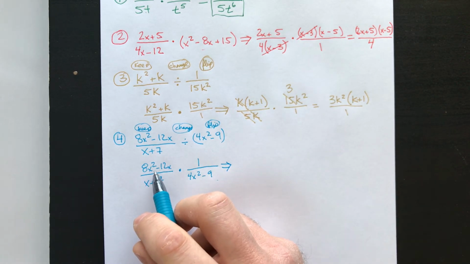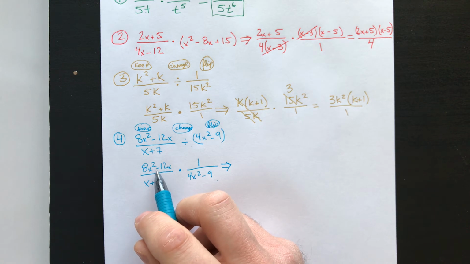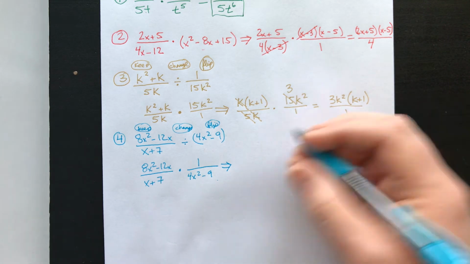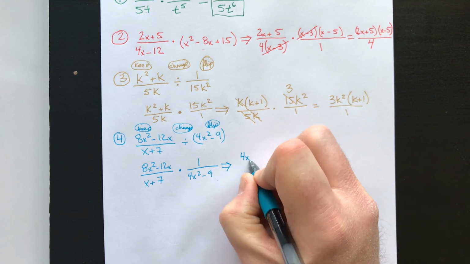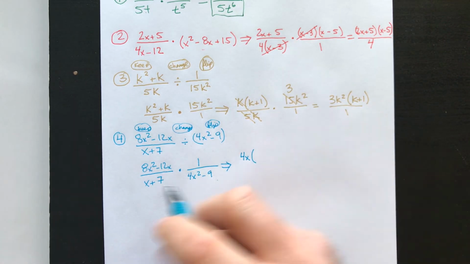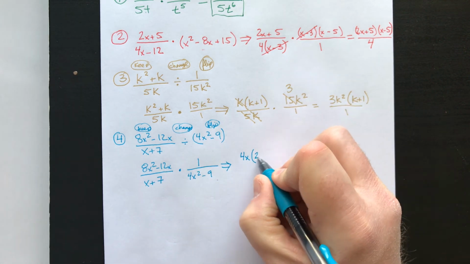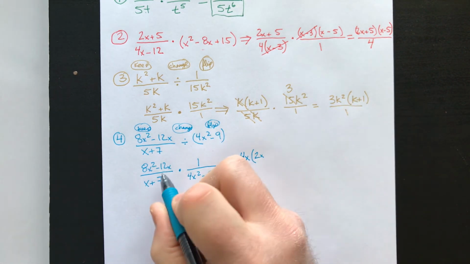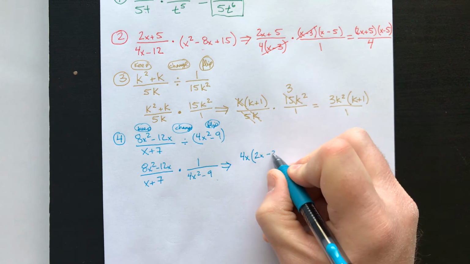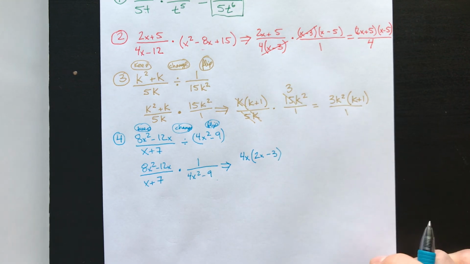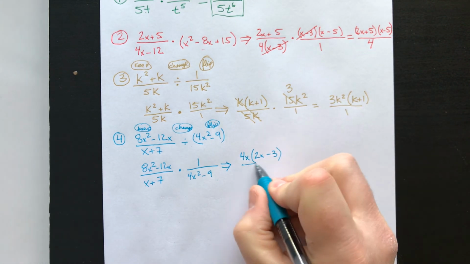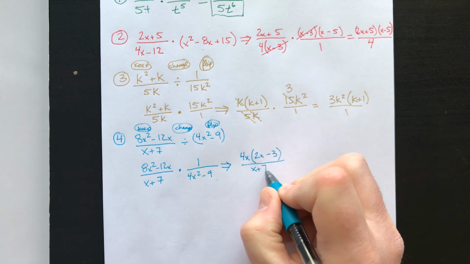What can I take out of this? Well, I can take a 4x, and I'm left with 2x minus 3. And then in the denominator, I just have x plus 7.